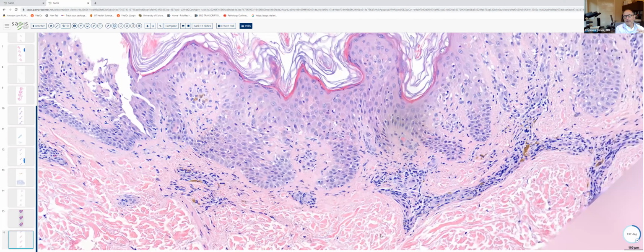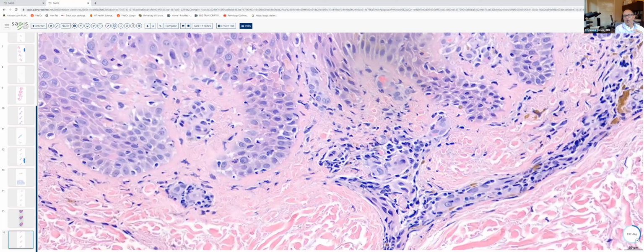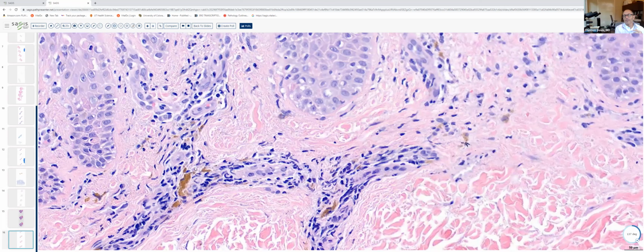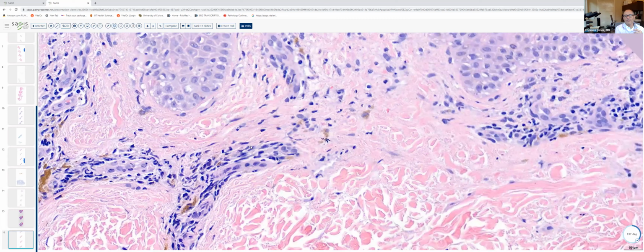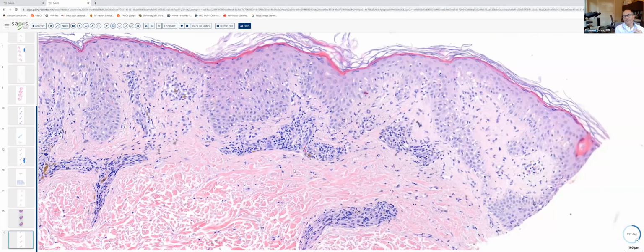However, if we go down and take a look at the infiltrate, you have to look in a few areas. We can see that there are indeed a fair number of lymphocytes, but in some sections, and it may not be this one, there were lots of eosinophils.